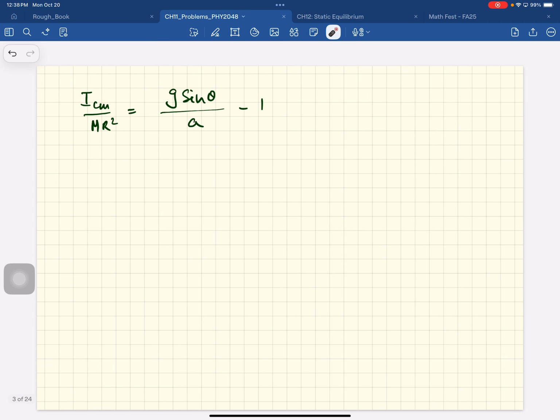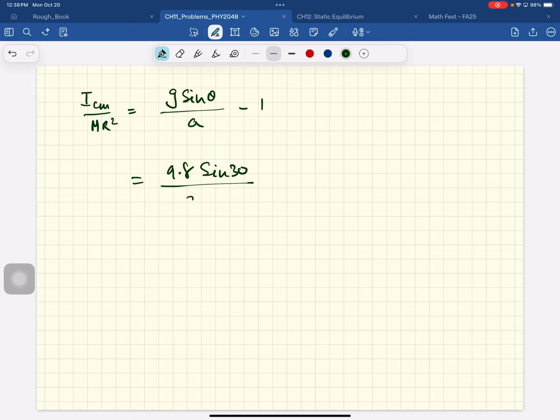All right, so let's plug these things in. 9.8 sine 30 divided by 2.96, minus 1.